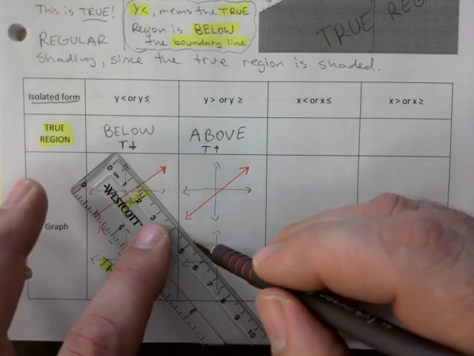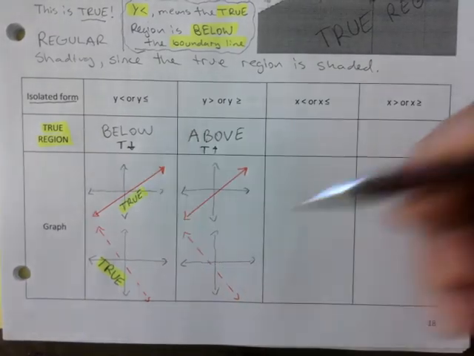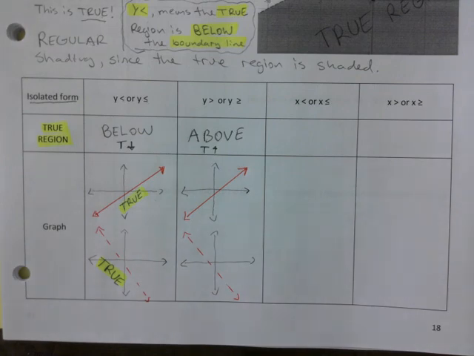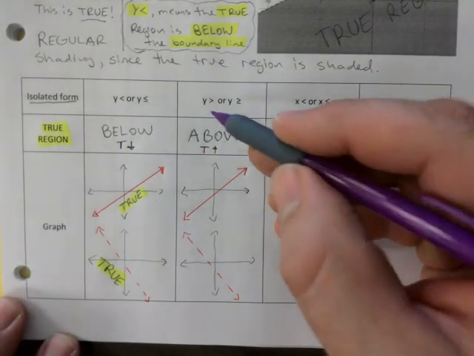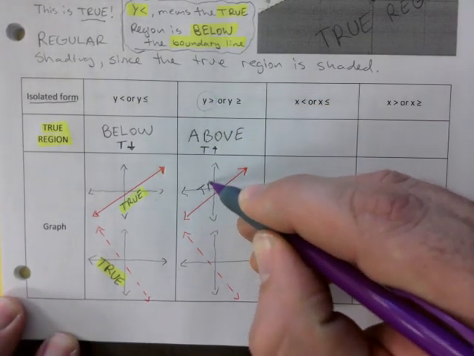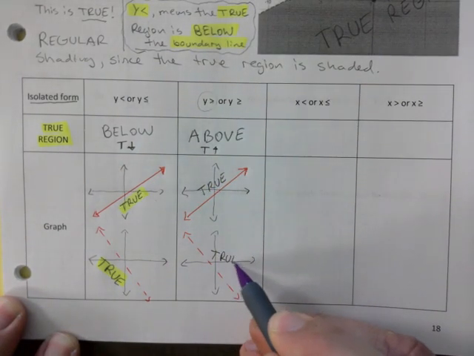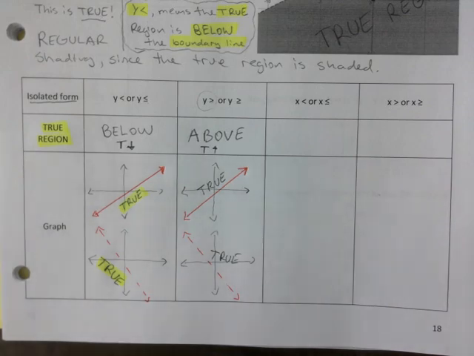I'm going to make the dashed line here. Just so you know, I'm going back and forth between solid and dashed just to make you realize that it will be one or the other. It doesn't always have to be solid. So if it's like this, if you isolate and you see that, the true will be above the line.